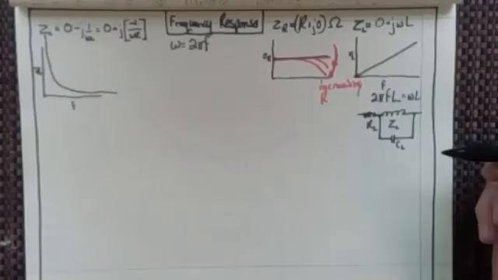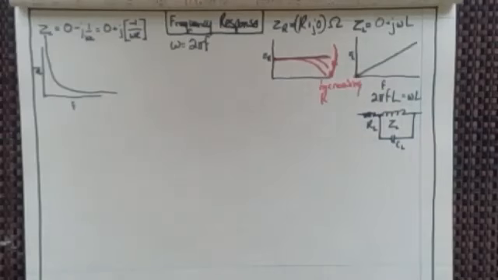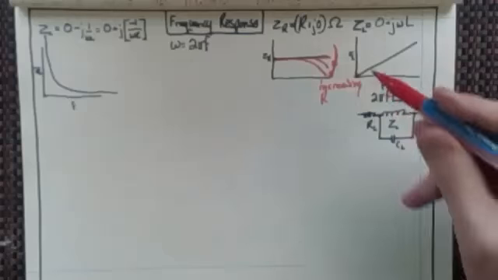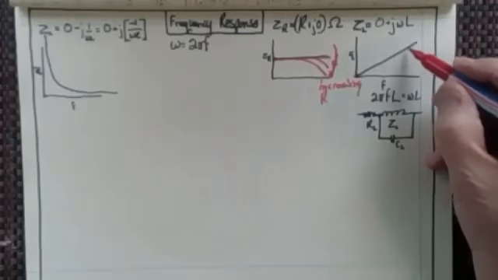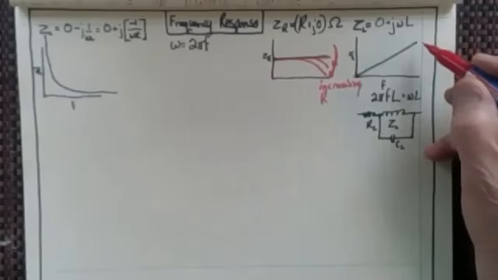And so you're probably saying, well, how does that then affect the impedance of the inductor at high frequencies? And that's easy. This is what happens. This would be the perfect inductor, right?